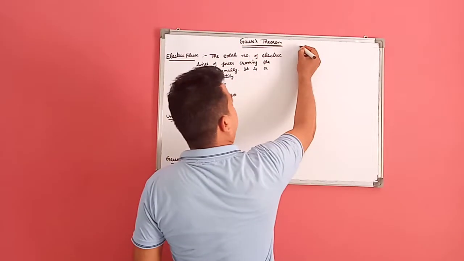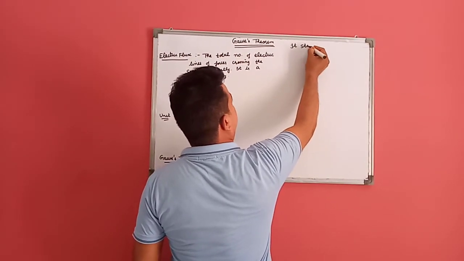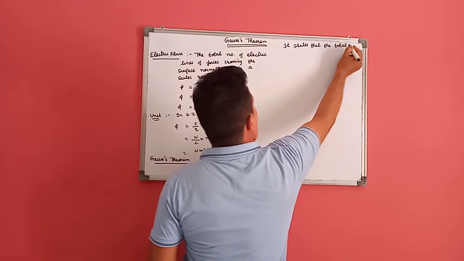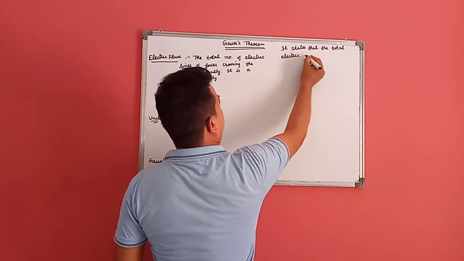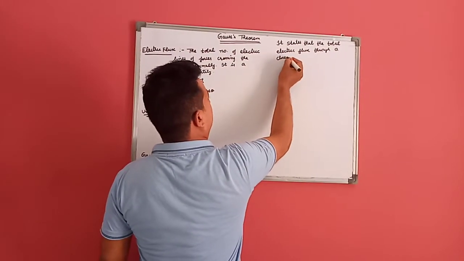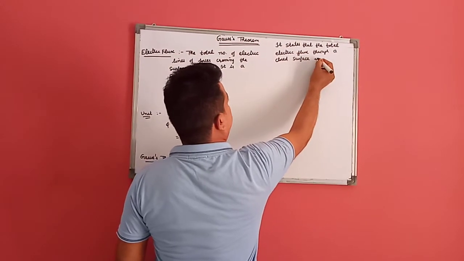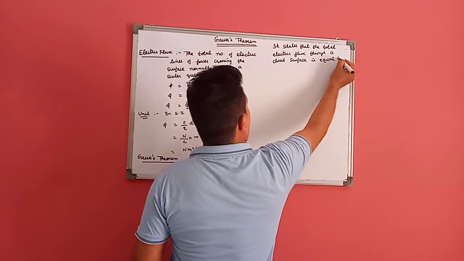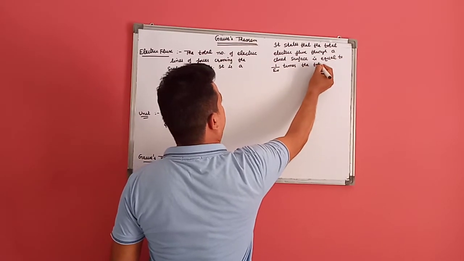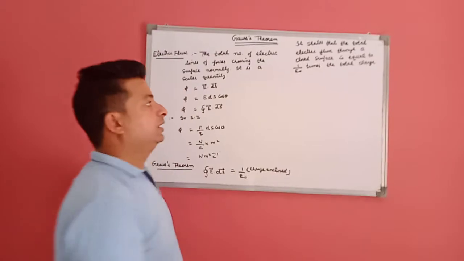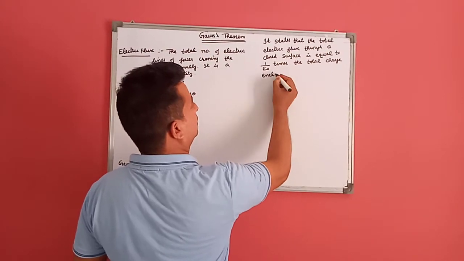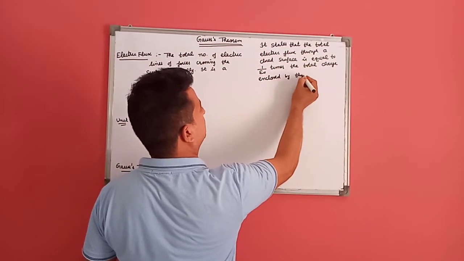That is, it states that the total electric flux through a closed surface is equal to 1 by epsilon naught times the total charge enclosed by the surface.